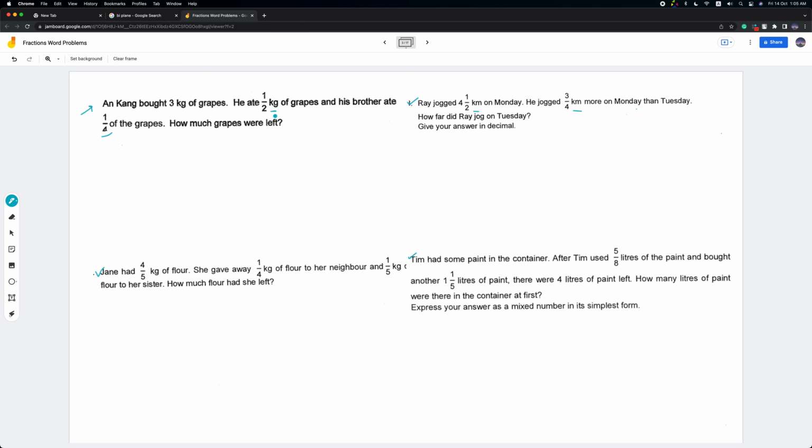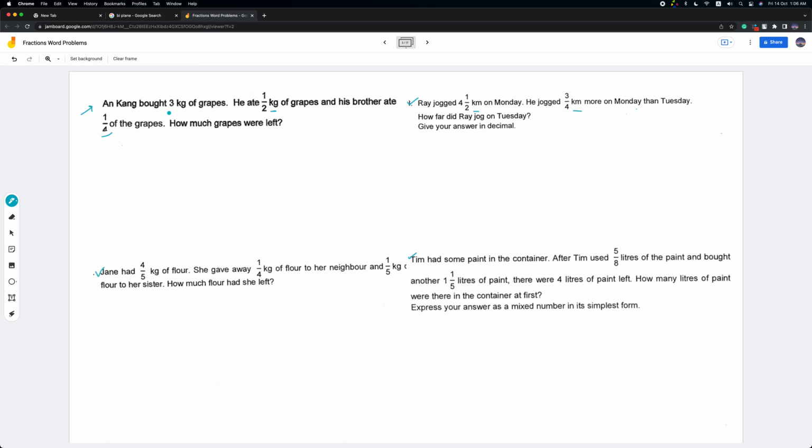When there's units, remember, we can subtract or add the fractions, but when we have one with no units and one with units, you don't just add or subtract the fractions just like that. So let's read the question and figure out how to solve it.